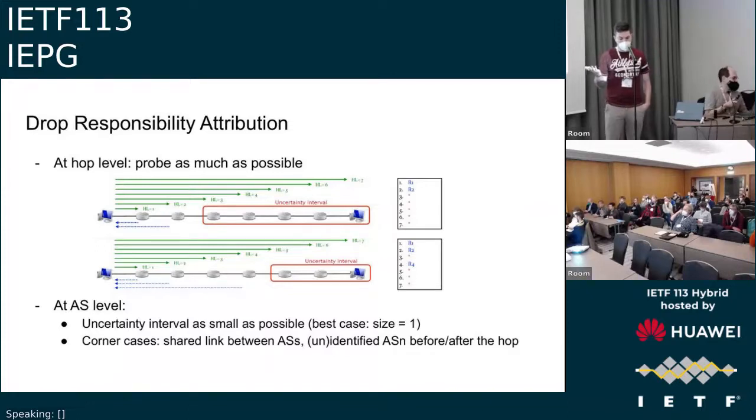Maybe the fifth hop is responsible for the drop, or it just did not respond, etc. So if you run a lot of tests like that, you can correlate them and try to have that zone as small as possible. And this is one of the challenges to attribute the drop to an AS, because you have to make that zone as small as possible, and the best case obviously is 1, right? It might never happen, but anyway. And you also have corner cases here.